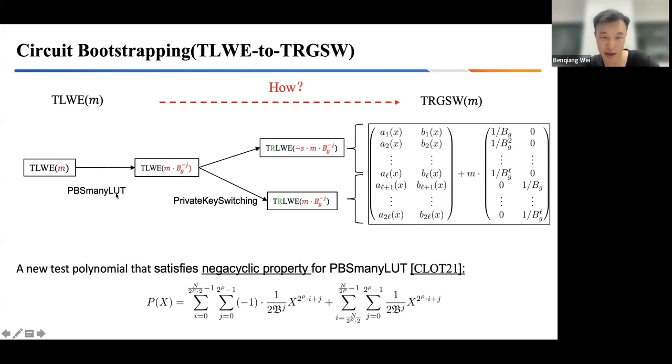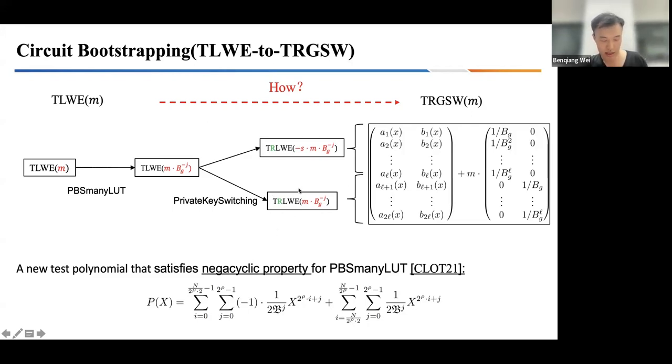PBS many LUT is a kind of multi-value bootstrapping, and that means we can evaluate multiple functions at the same time, just using one bootstrapping. And the second step is we can use private key switch to convert TLWE ciphertext to TRLWE ciphertext.